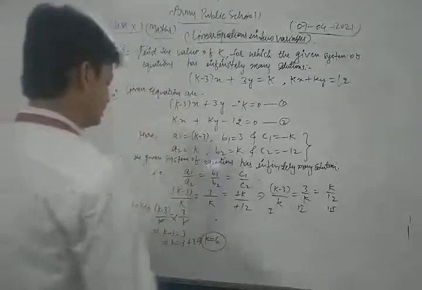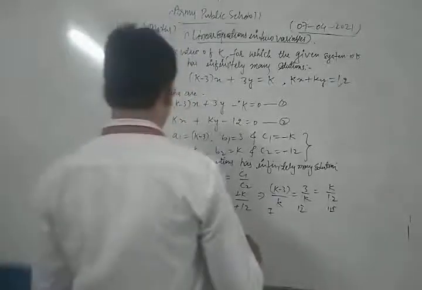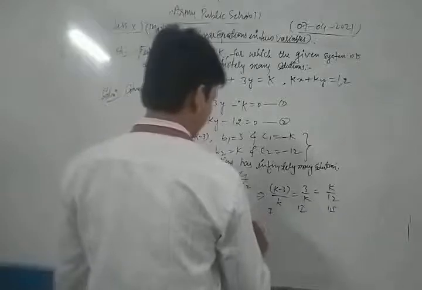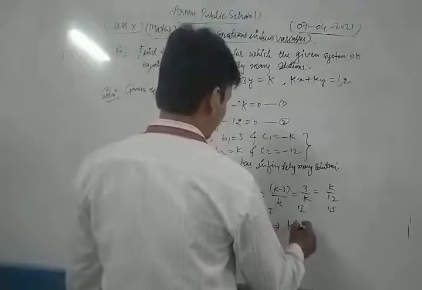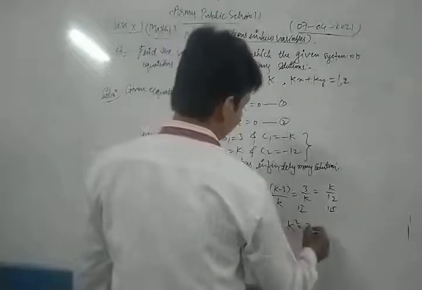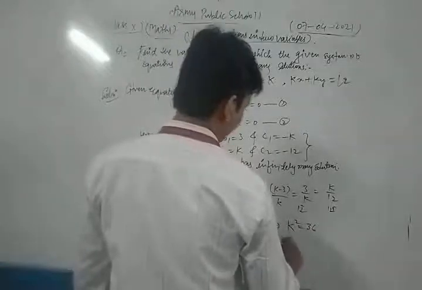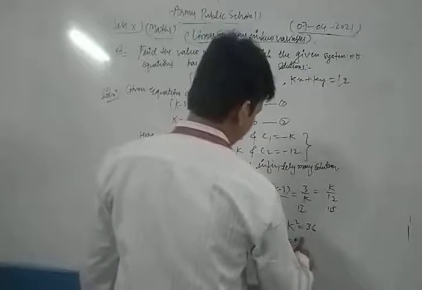And if we take the second and third, then we get 3 upon k is equal to k upon 12, that is k squared is equal to 12 times 3, which is 36, so the value of k is plus minus 6.